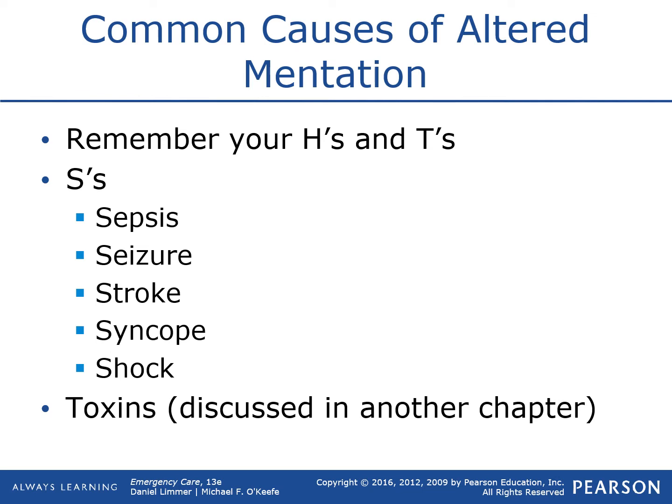So we have sepsis, which is infection, seizure, stroke, syncope, which is a loss of consciousness, and shock. We also have toxins, which are in our H's and T's, and that's a big thing that we look at. But we're going to be discussing that in poisoning and overdose. So that's chapter 21, we discuss toxins.